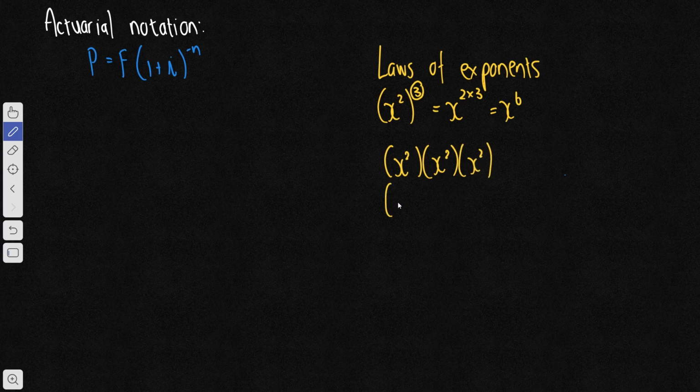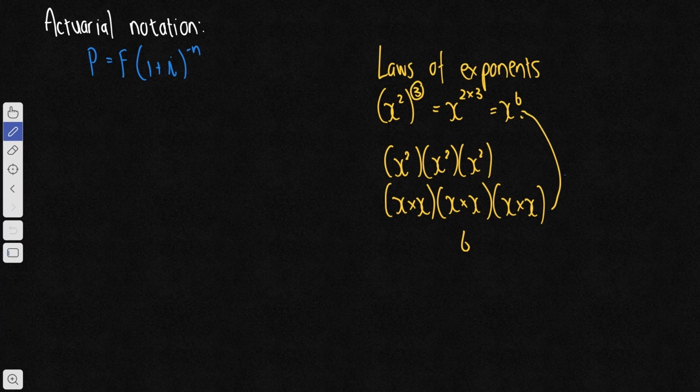x squared is simply an instruction to multiply x by itself. So we can further simplify this equation as such. Now, if you count the number of x variables in this bottom formula, you will see that we have 6 of them. Hence, the answer x to the power 6.